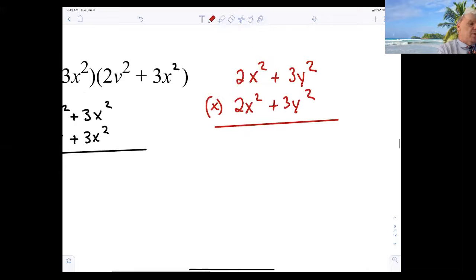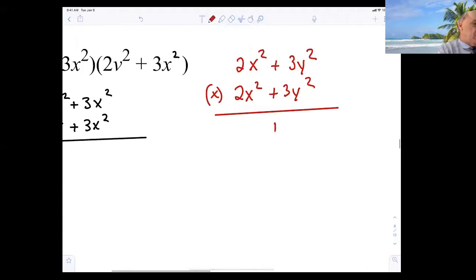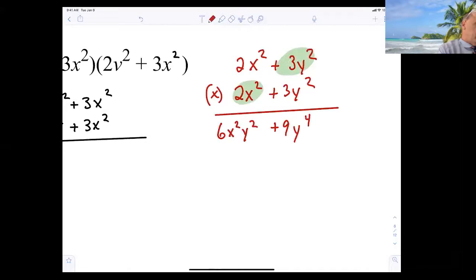So now let's multiply. 3y squared times 3y squared is 9y to the 4th. 3 times 2 is 6x squared y squared. Now I'm multiplying, which is again what?